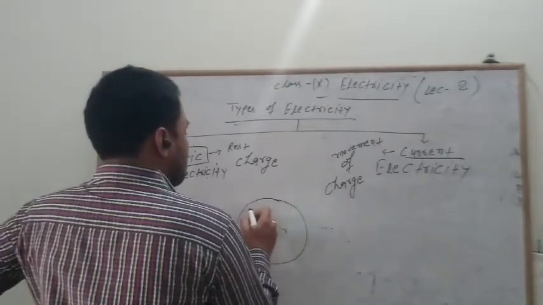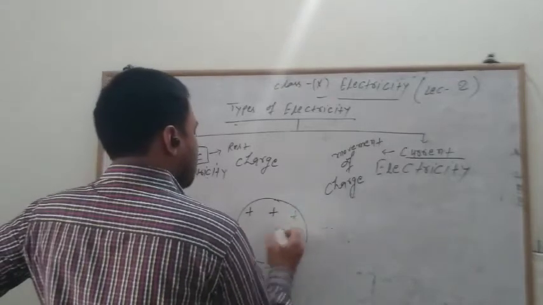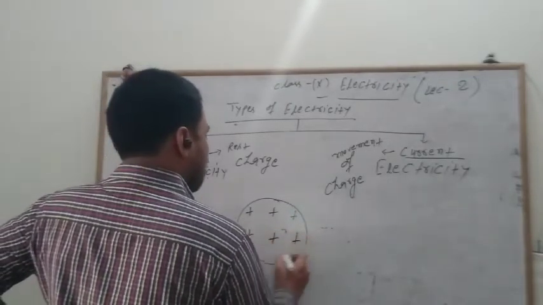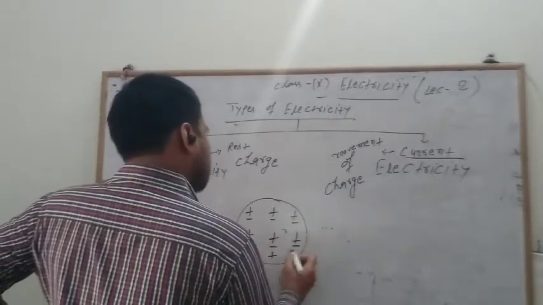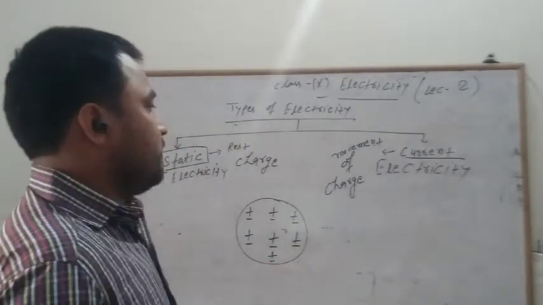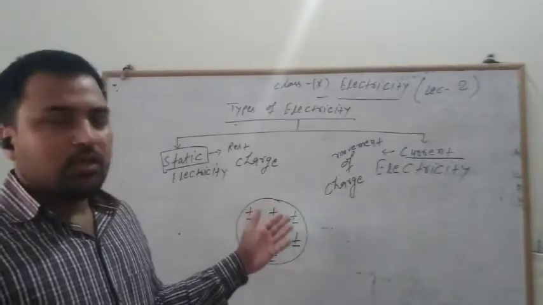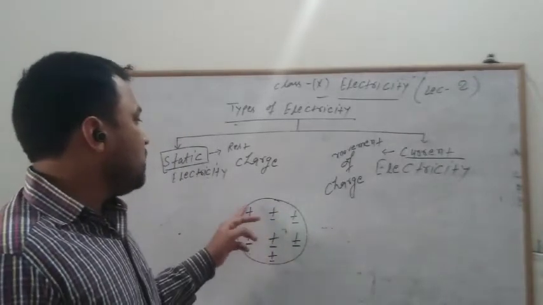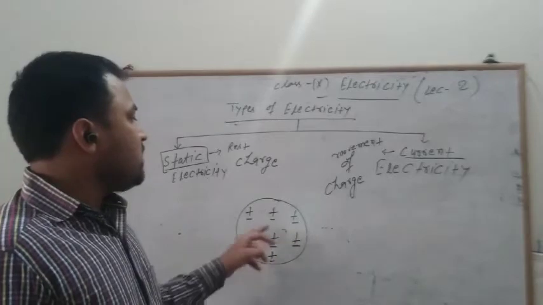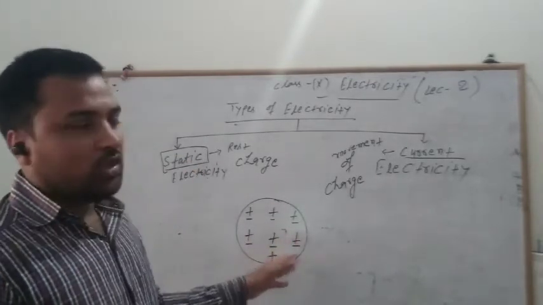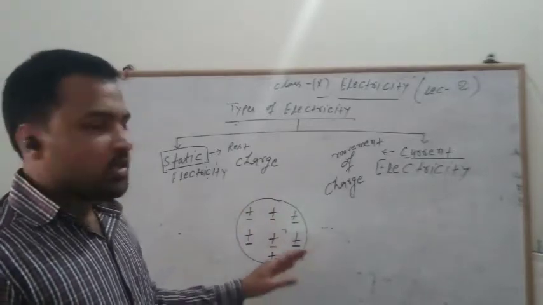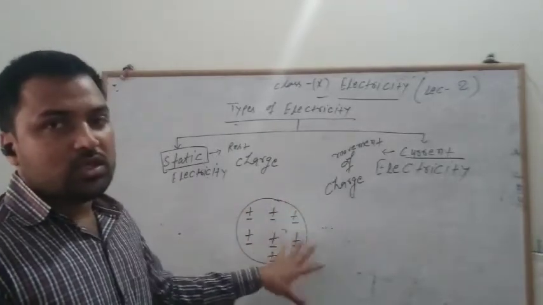Consider this element, this material has 7 positive charges as well as 7 negative charges. So this body is kept in an isolated system, and the total charge will be conserved.